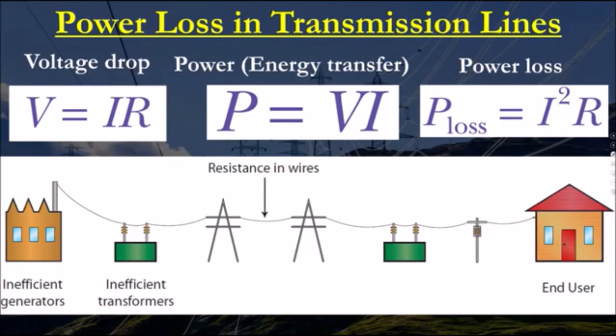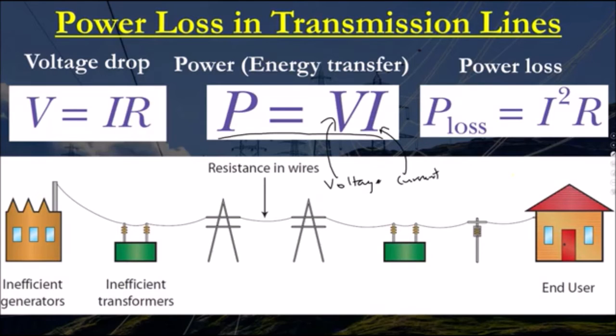An interesting little topic in terms of power. In year 12, you talk about things like transmission lines and how power is lost from generators all the way through transmission lines. We come up with a nice little formula here. P equals IV. So you'll come across this probably later on in year 11 anyways. But the power carried by electricity is dependent on the voltage and the current of the electricity.